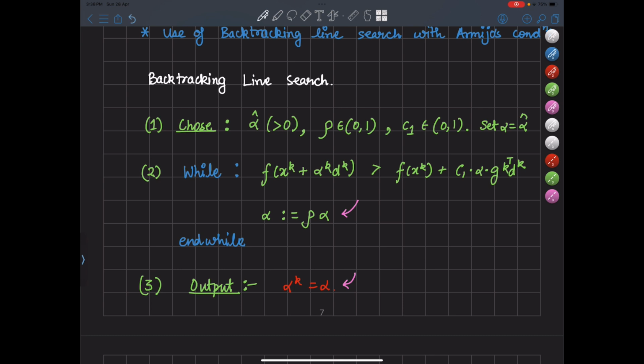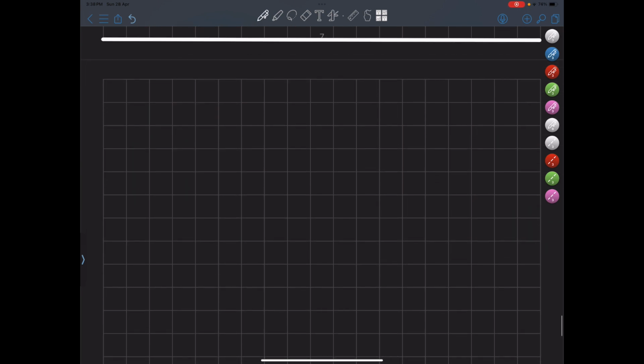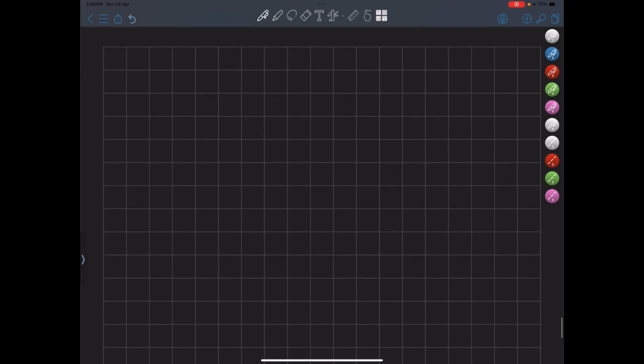Now let's move on to the question of how to select the descent direction. So till now we know where the descent directions come from, but how do we choose descent directions? Let's quickly recall what a descent direction is visually.